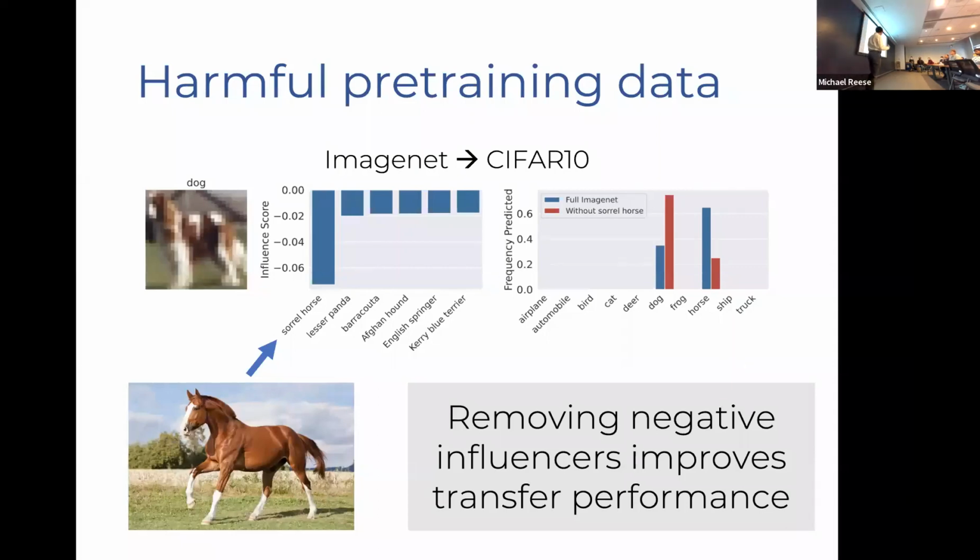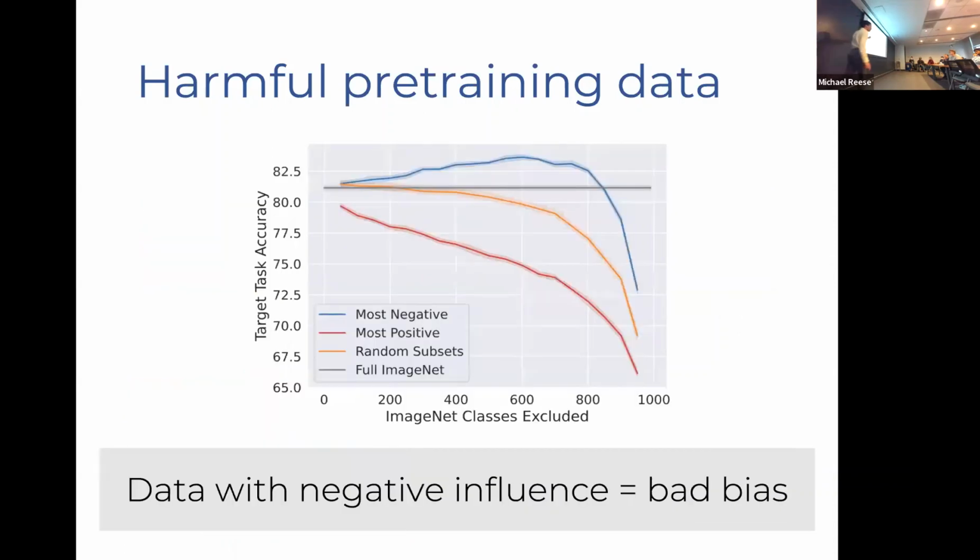You can do this sort of experiment where you take the negative influential data points, all of these things that negatively influence our accuracy, remove them from your pre-training data, rerun the whole transfer learning pipeline, and you can actually improve your transfer performance. So if you do that, you get something like this.